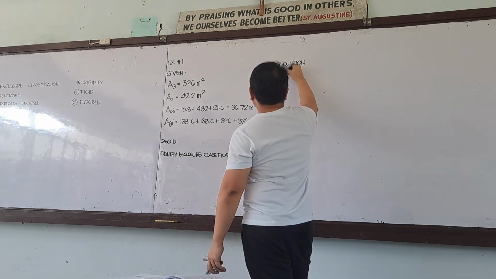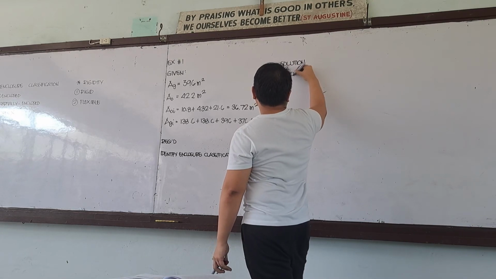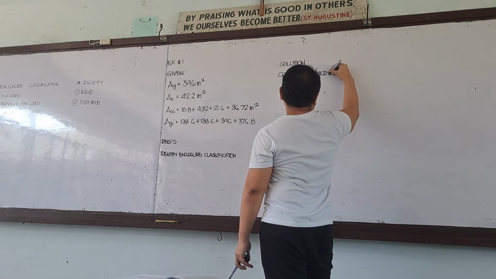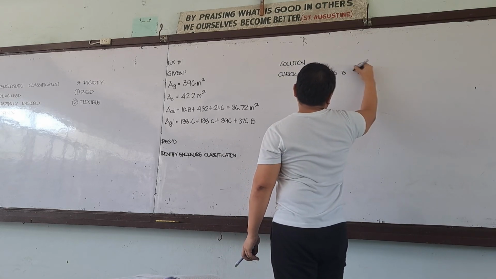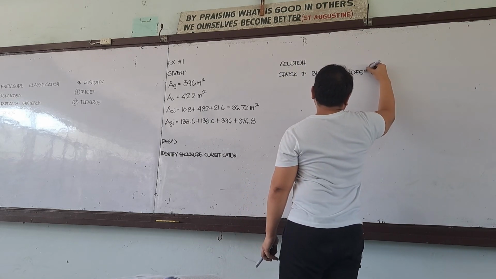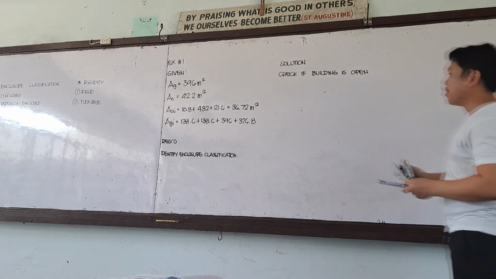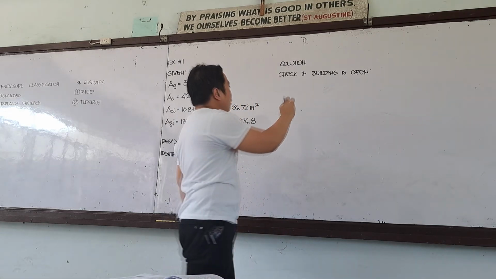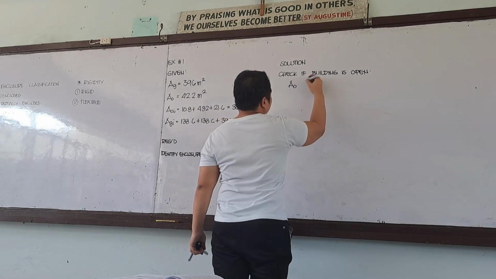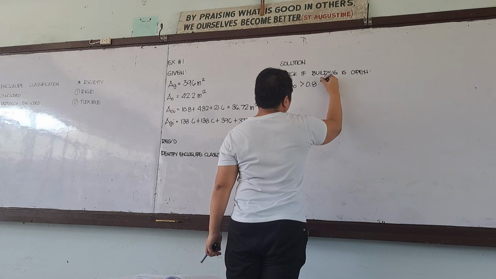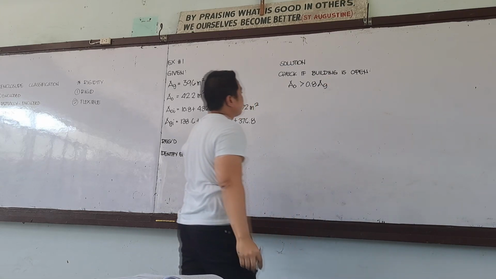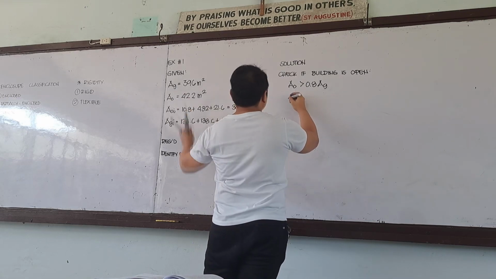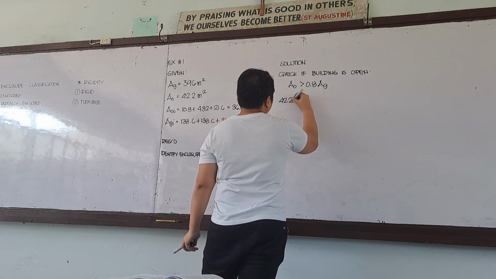First, check if the building is open. What if the building is open? The door is open. What is our condition? The building is open if AO is greater than 80% of AG. So let's compute 80% AG. AO is 42.2.